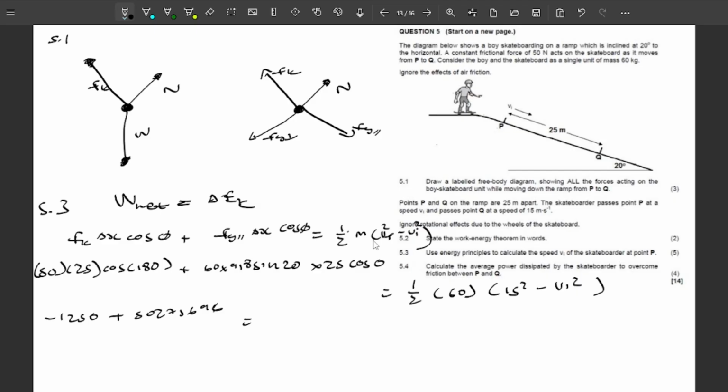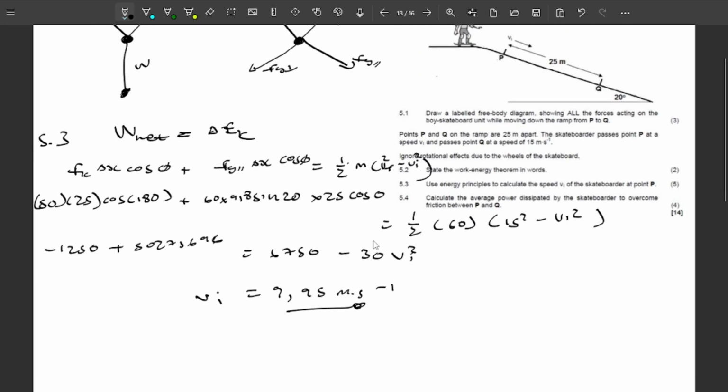And then it's equal to 6750 minus 30 v initial squared. Now after simplification, my vi is going to be 9.95 meters per second. So this is my answer for 5.3.